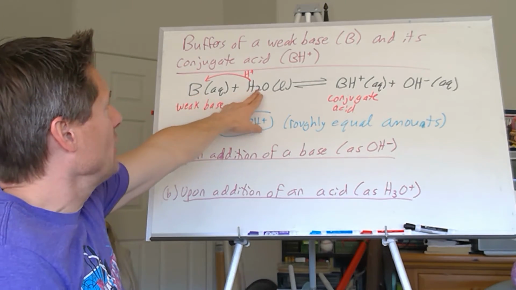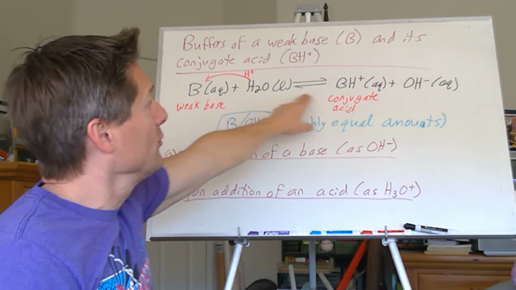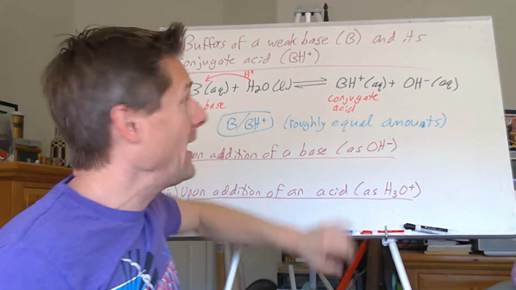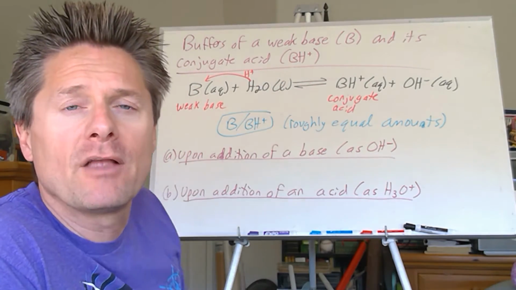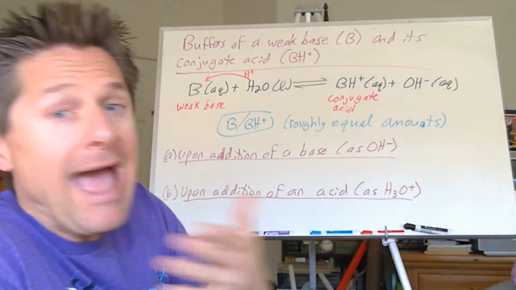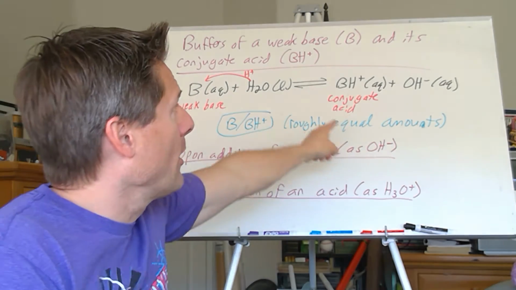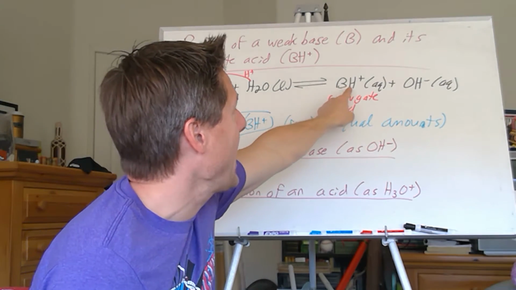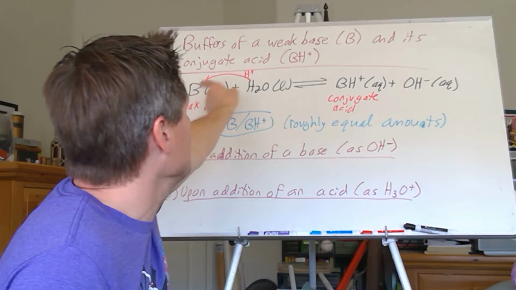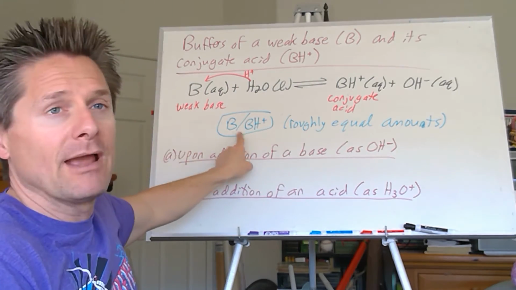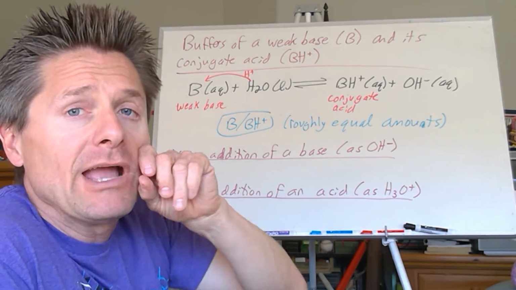That weak base is going to pull an H plus from water, producing the conjugate acid and the OH minus, and it forms an equilibrium system with constant concentrations. If you add the common ion to it, like a chloride salt of its conjugate acid, and try to get the concentrations of those pretty close to each other, right? That base conjugate acid pair, you got yourself a buffer.